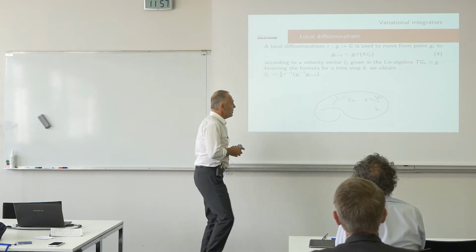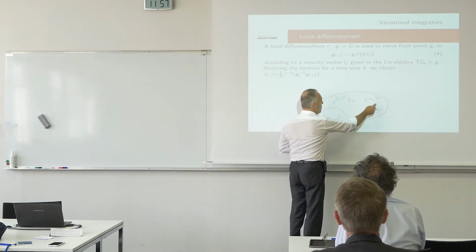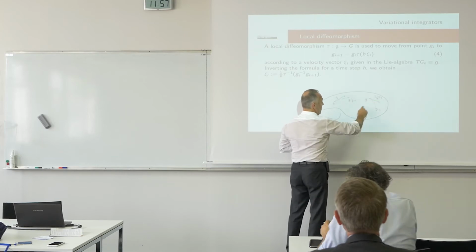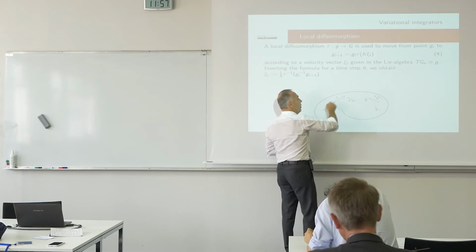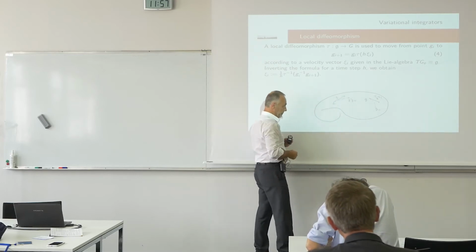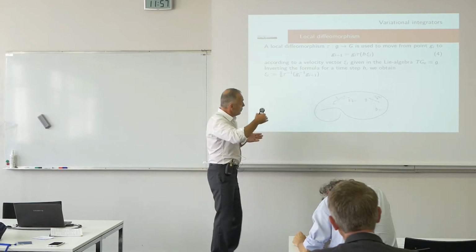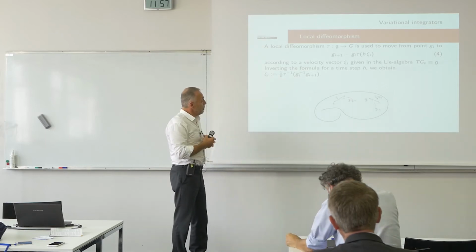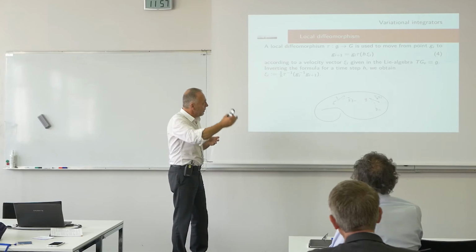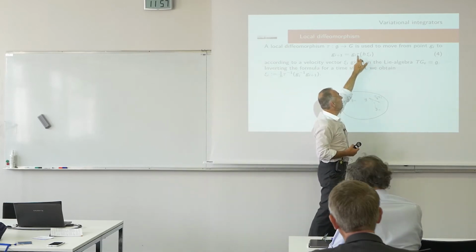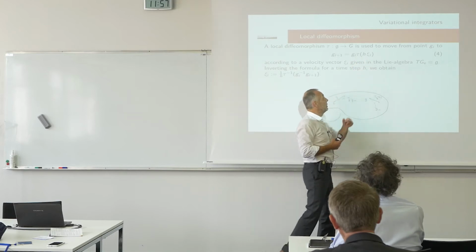The idea is to move from a point to another through a certain variable psi, which belongs to the Lie algebra. To go from one point to another one, you will use a certain function tau that depends on psi.